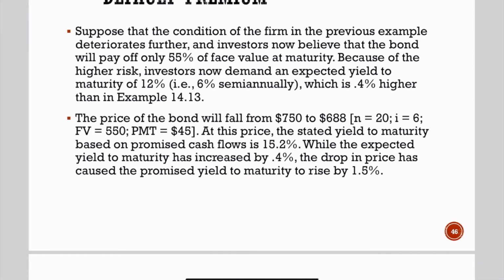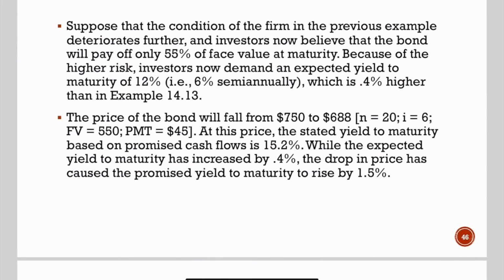The lecture note essentially gives you 4 inputs: 20 periods, 6%, the expected par value of 550, because investors expect only 55% of par value will be paid back, and the per period payment of $45. Now we will get the bond price, which is $688.